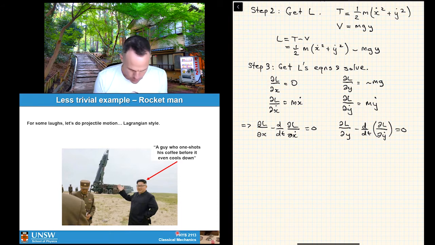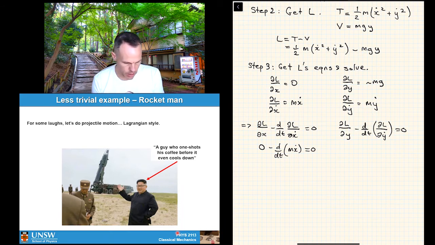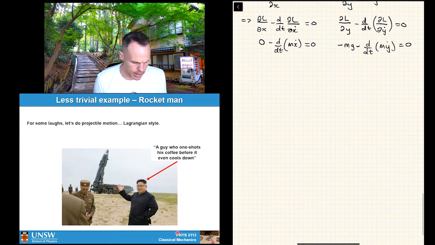Okay, so we can put our things into here. So this is 0 minus d/dt of m x dot equals 0, and this one here is minus mg minus d/dt of m y dot is equal to 0. And this one over here, the derivative will give us x double dot.